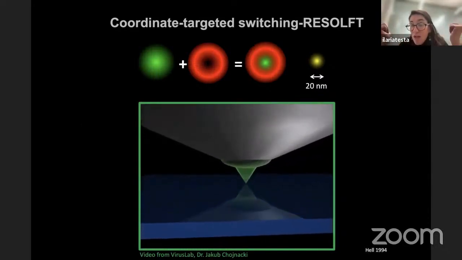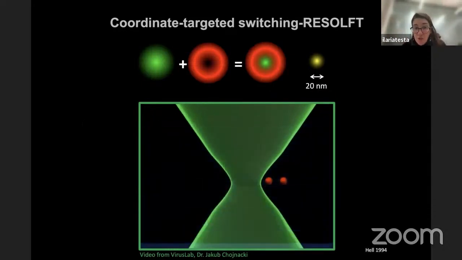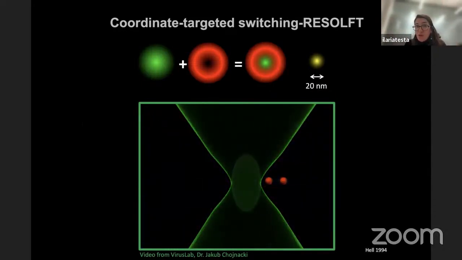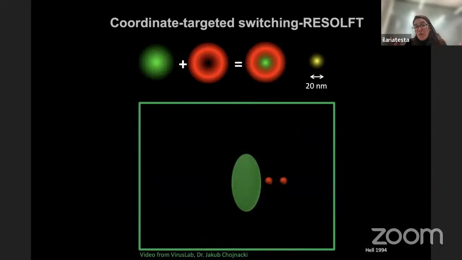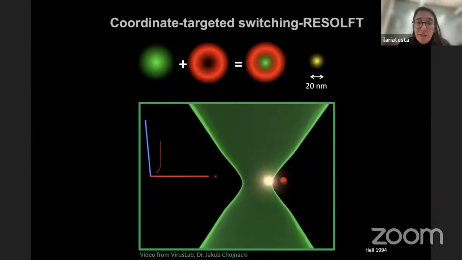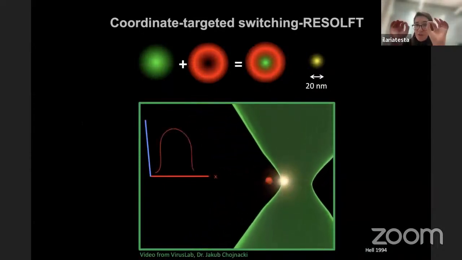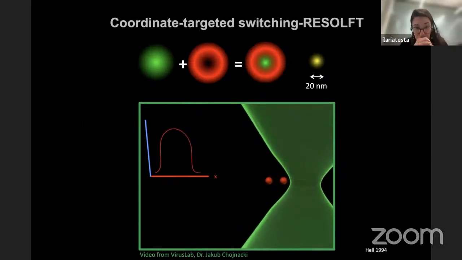So typically you use a high numerical aperture objective, and then you have your double cone of illumination. And this is what happens in confocal microscopy. But then you know that your volume will still be 200 nanometers laterally versus 500 nanometers axially, which means that you cannot distinguish distances that are below 200 nanometers.